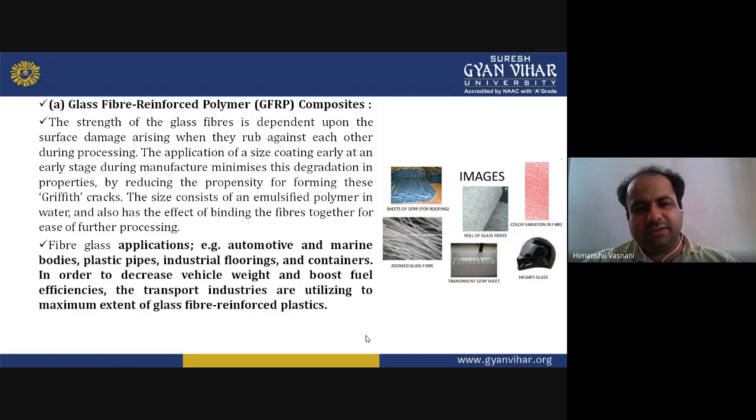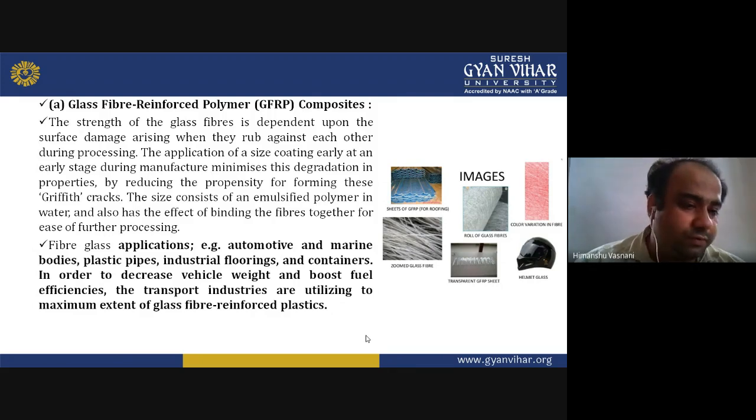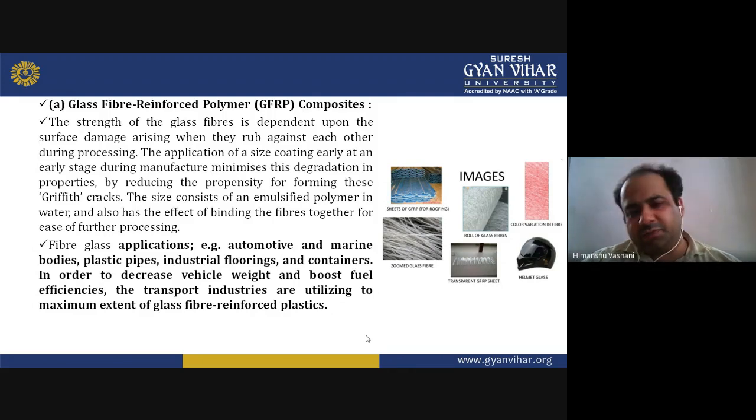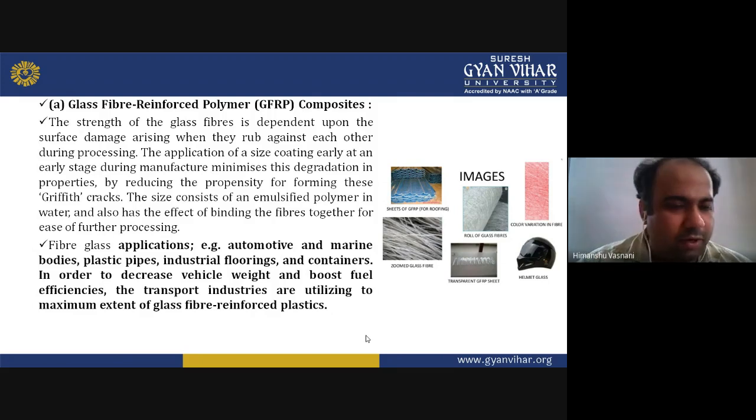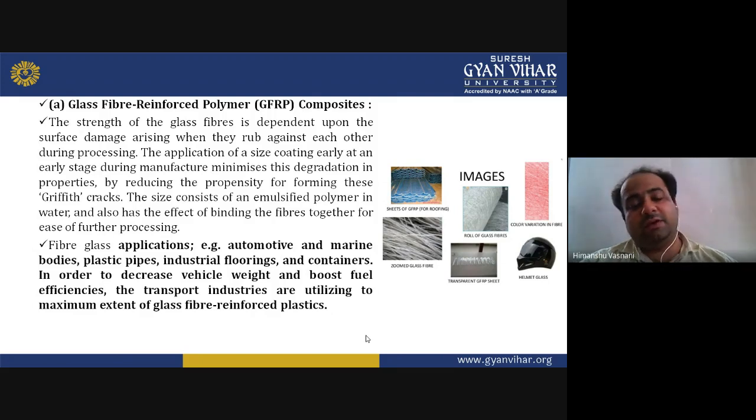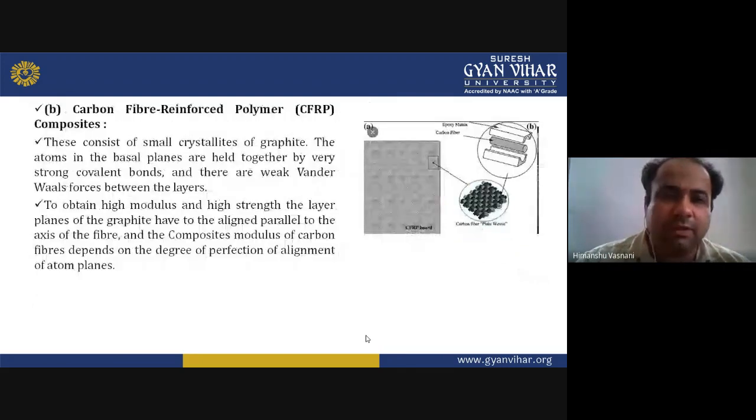In order to decrease vehicle weight and boost fuel efficiency, the transport industries are utilizing glass fiber reinforced plastic to the maximum extent. These are very important applications from an industry point of view.